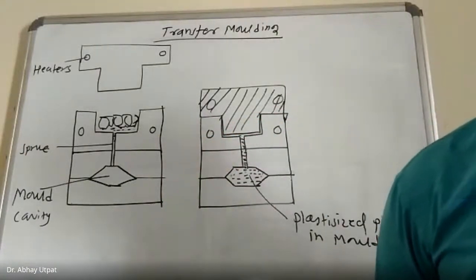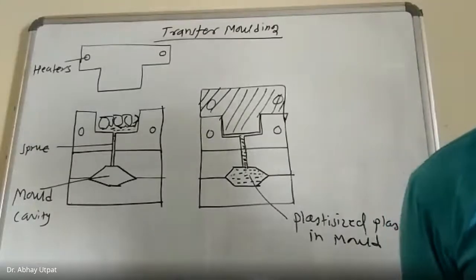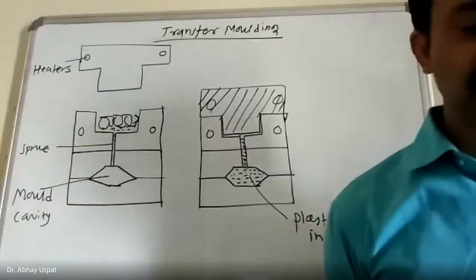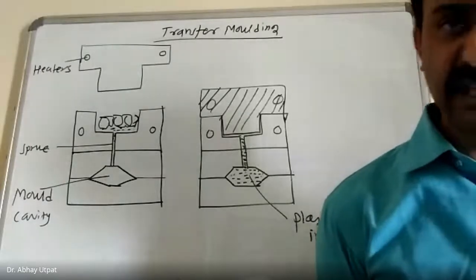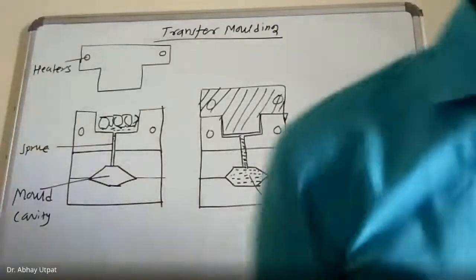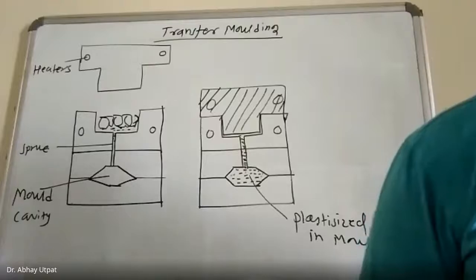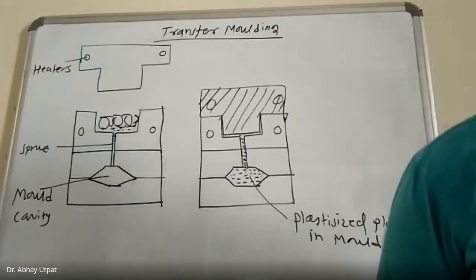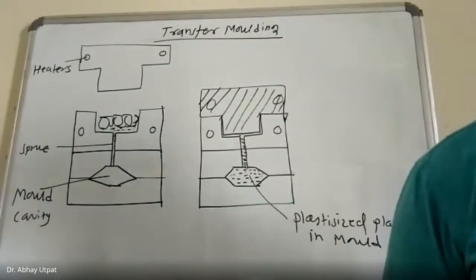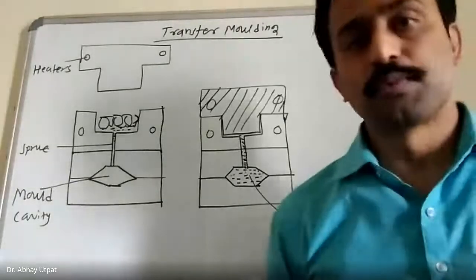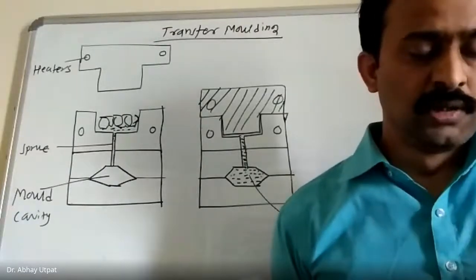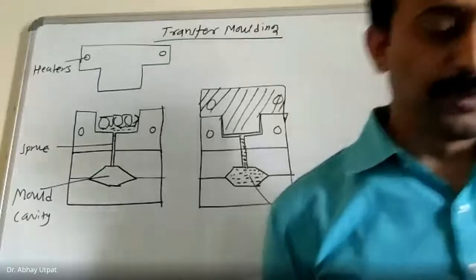You can write this statement: a plunger pushes plasticized plastic or semi-solid plastic into the closed mold through the sprue with pressure.